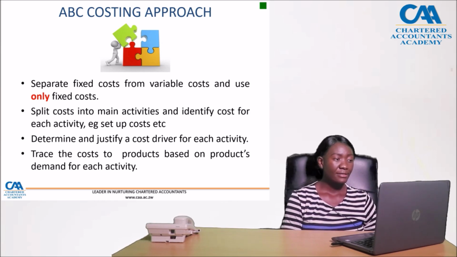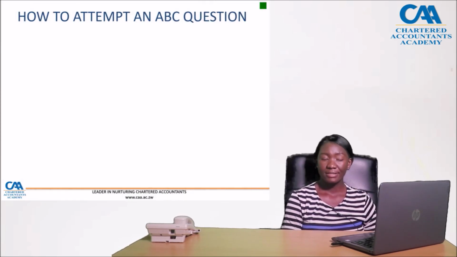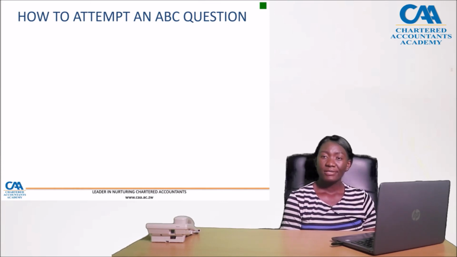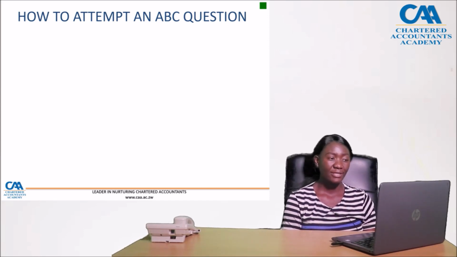Now let's discuss, in a typical exam setting, how do you attempt an ABC question? So what information should you look for? Every question is different. Because like I mentioned, the context is different and the company being analyzed is also different.